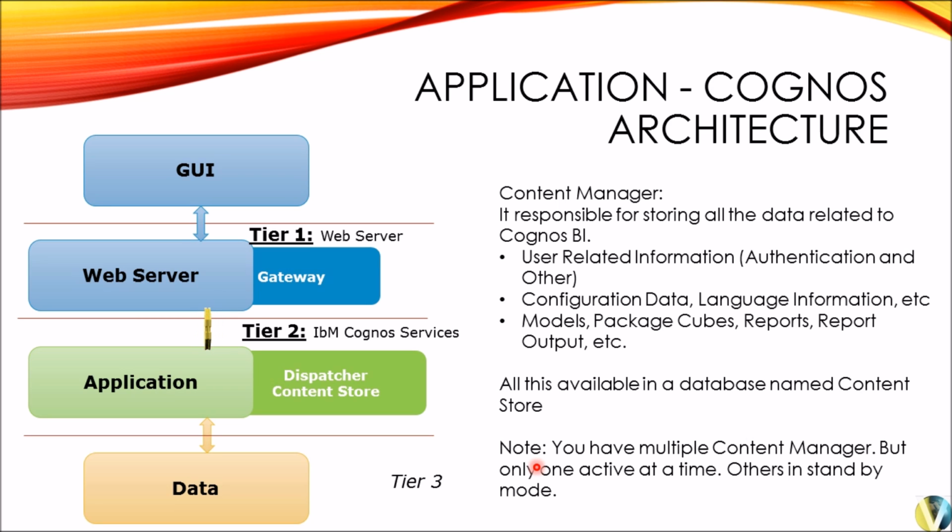For example, content manager is installed on two servers, server 1 and server 2. Server 1 is active and server 2 is in standby mode. So if anything happens to server 1, our Cognos related services are not going to stop, because content manager is also installed on server 2. So we are going to use server 2 to access all the Cognos related data.